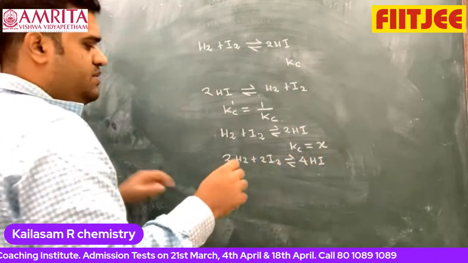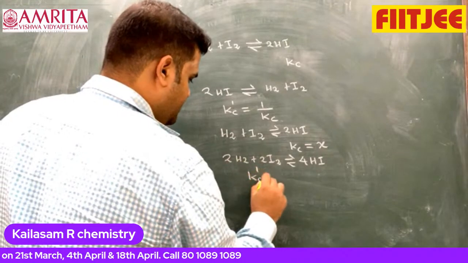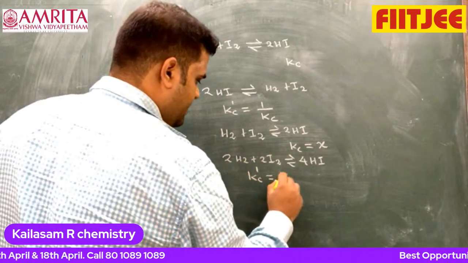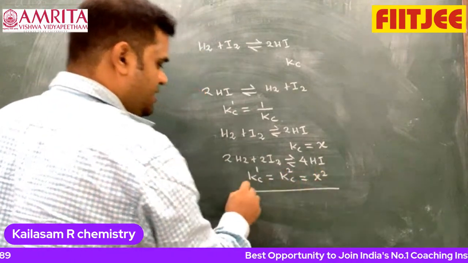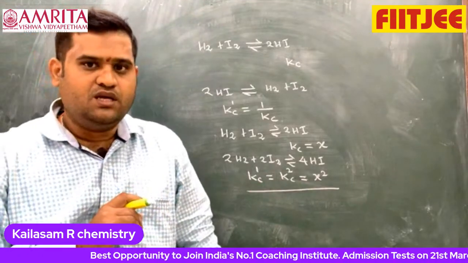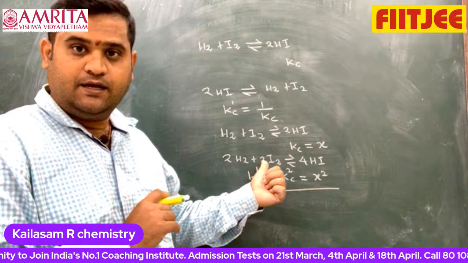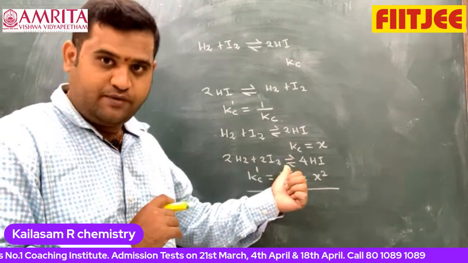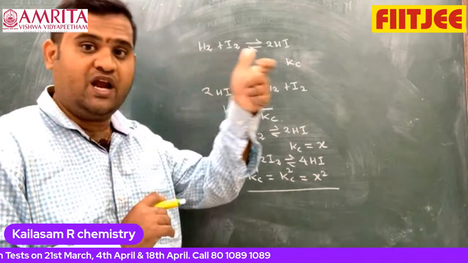What is the equilibrium constant of this reaction? Kc dash is equal to Kc square, which is x square. That means when you multiply the reaction by 2, in the Kc expression you should take the square of that.